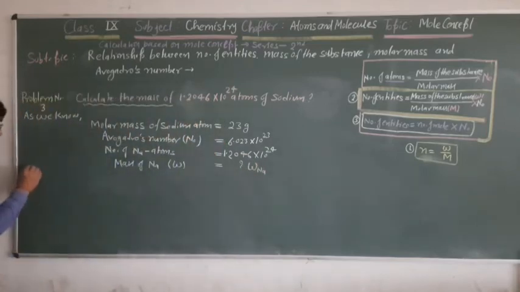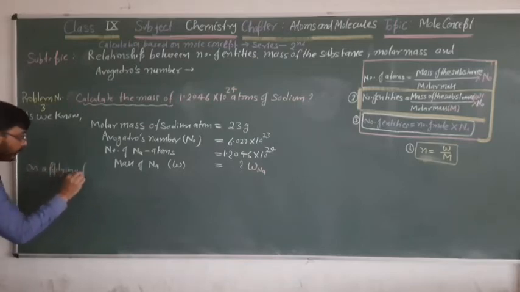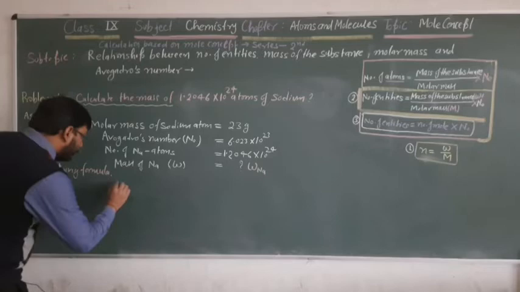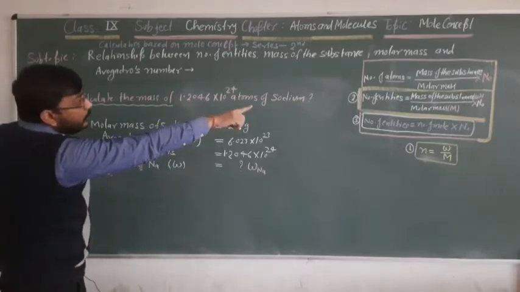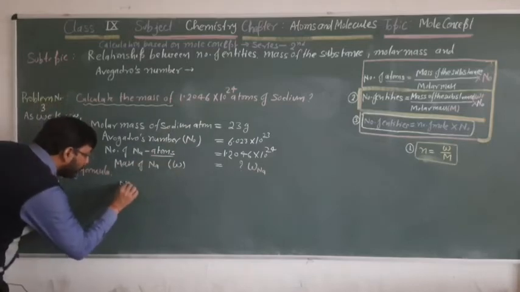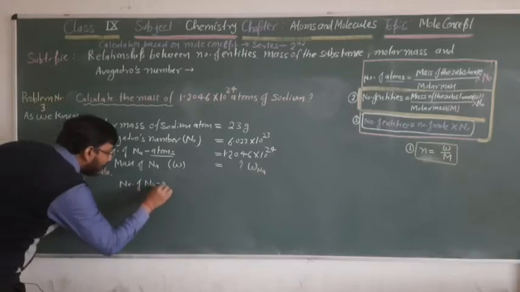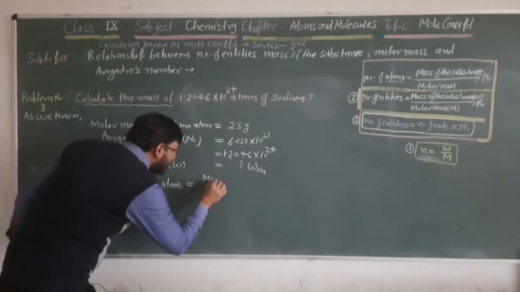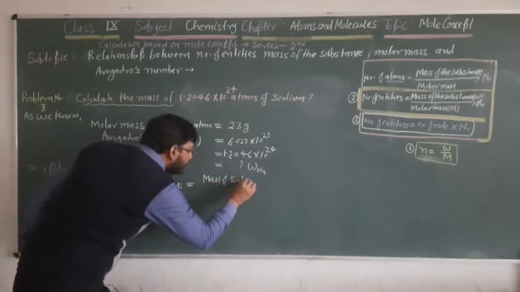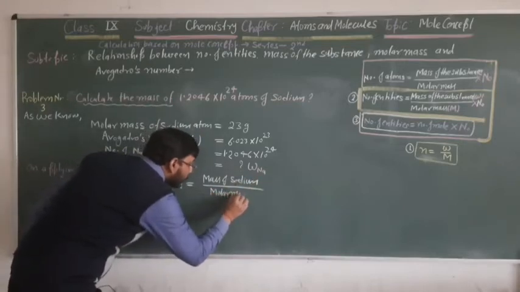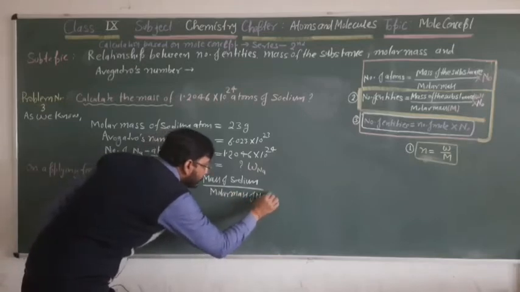Now on applying the formula, as we know, our formula is: number of entities, here number of atoms given, number of Na atoms is equal to mass of sodium divided by molar mass of sodium atom.